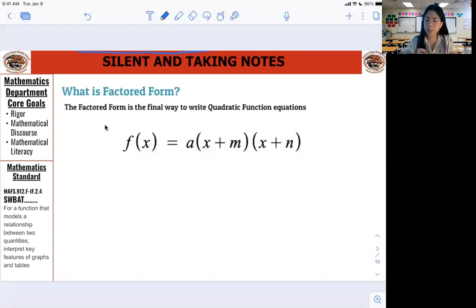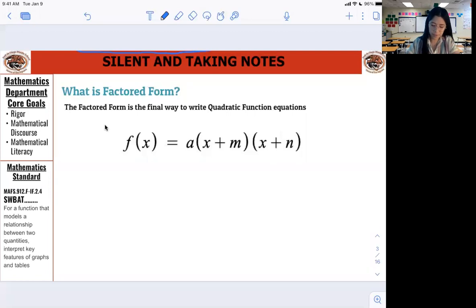The vertex, yeah. Vertex form tells you the vertex. What does standard form tell you? The y-intercept. Well, factored form tells you the x-intercepts. So let's talk about it.